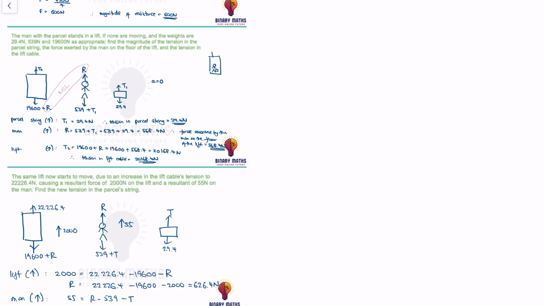If I rearrange it, T must be equal to 626.4, take away 539, take away 55, which means T is equal to 32.4 newtons. Therefore, tension in parcel string is equal to 32.4 newtons.